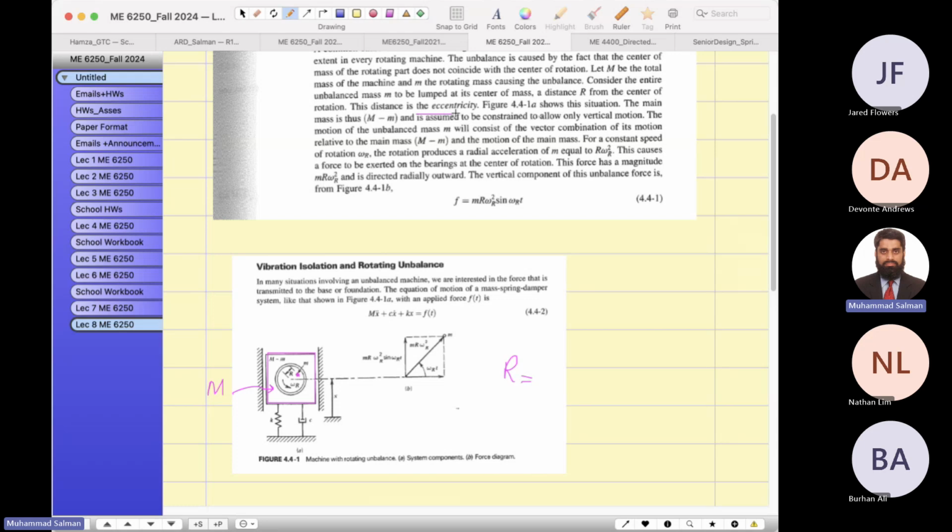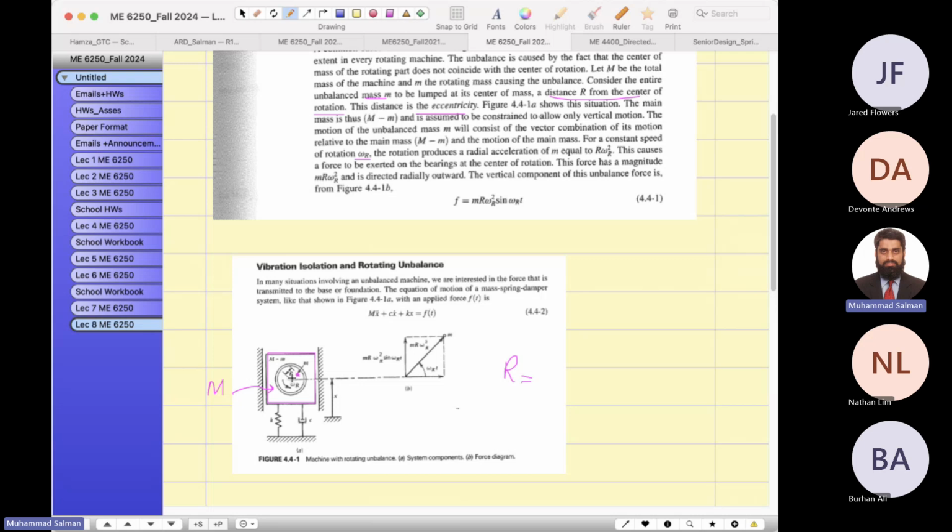So the distance from the center of rotation to the unbalanced mass is known as eccentricity, which is represented by the letter R. And omega r is the constant rotation of that drum, or the rotating mass inside the machine.